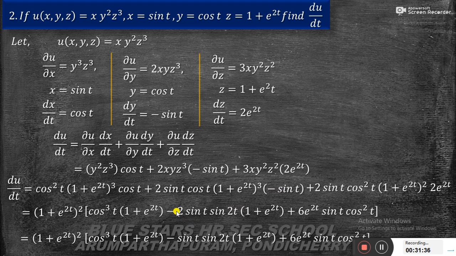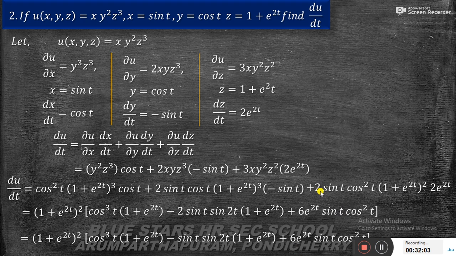So minus sin t, here 2 does not come, minus sin t into sin 2t into 1 plus e power 2t, plus next, here 1 plus e power 2t whole square we take outside, so the remaining terms are sin t cos square t.